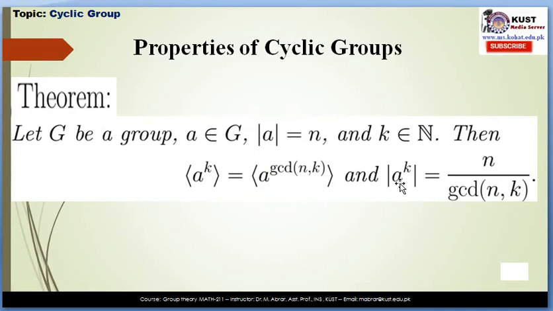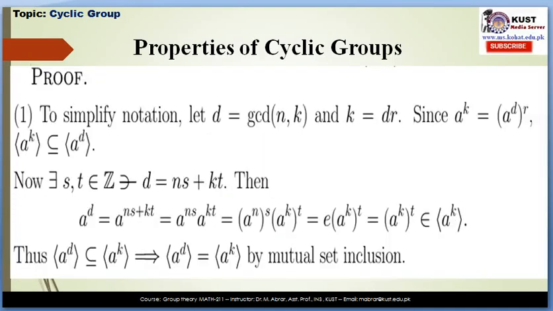And the second part says the order of this a^k is actually this fraction, n divided by the greatest common divisor of n and k. So there are two parts. For simplification, we assume that d is the greatest common divisor of n and k.